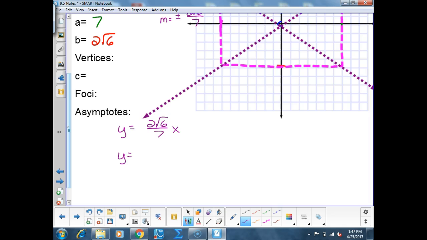Is that it? Yeah, because it goes through the origin, so that gives me a y-intercept of 0. And what's my other one? Negative of that. 4.9 over 7. I don't like decimals in fractions.